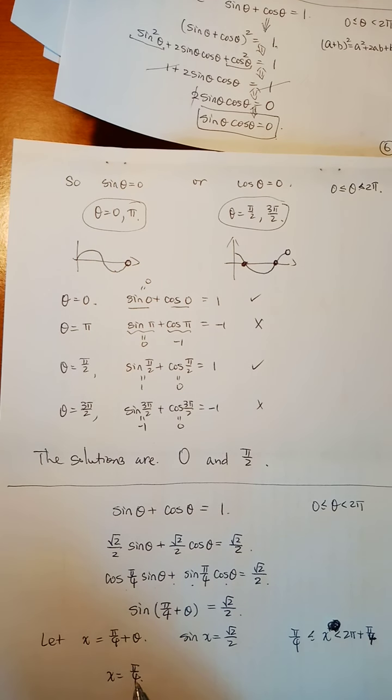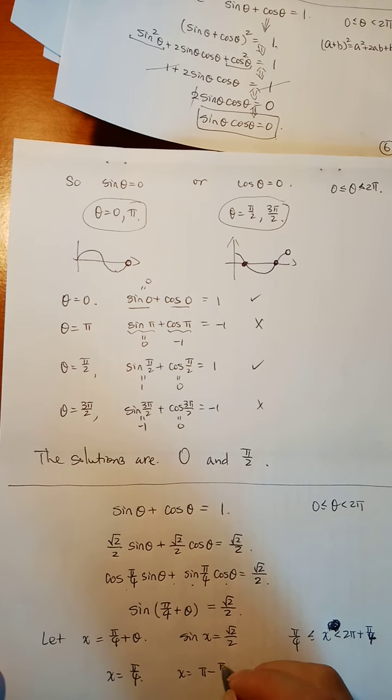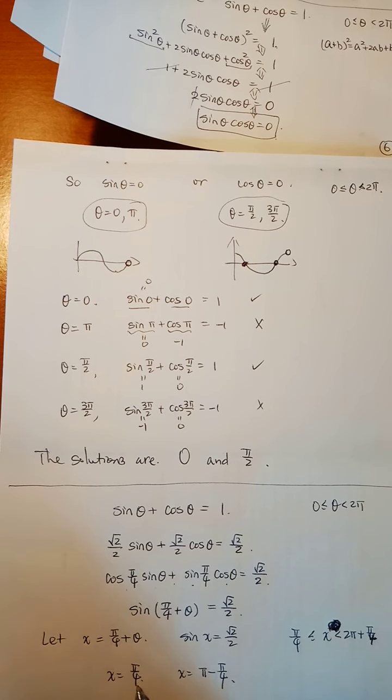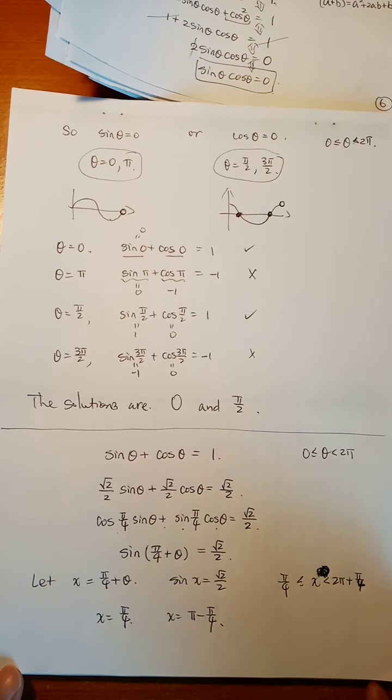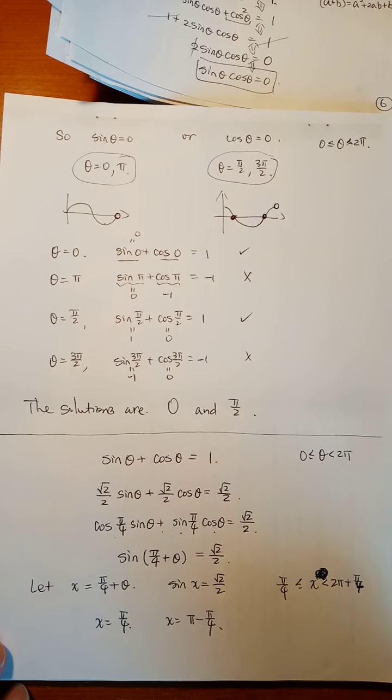Remember that whenever you have one answer for sine, the other is pi minus pi over 4. For sine, it's always the angle and pi minus the angle. For cosine, you have an angle and the negative angle, right? We just did it last lecture.